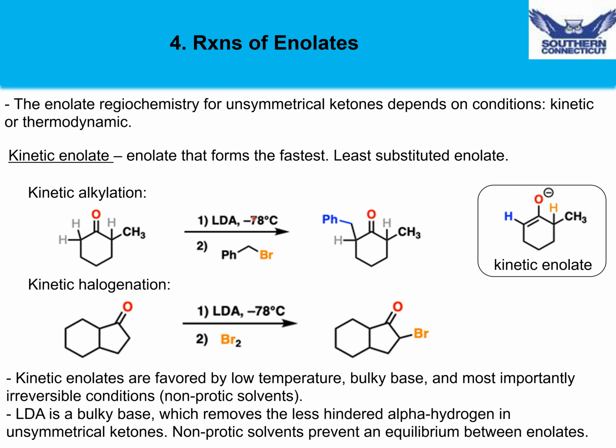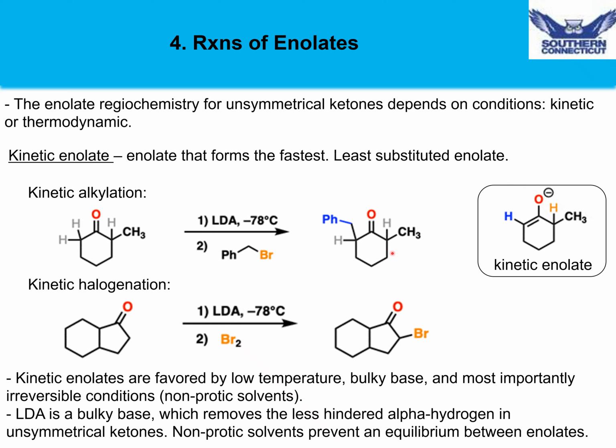At lower temperatures, this effect is enhanced. And so LDA will preferentially remove one of the less substituted hydrogens more than if it was at higher temperatures. As a result of formation of this kinetic enolate, the alkylation occurs on that side. And so the product is referred to as the kinetic product or the kinetic alkylation product.